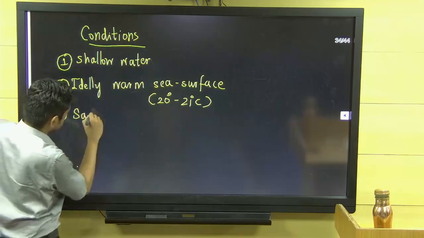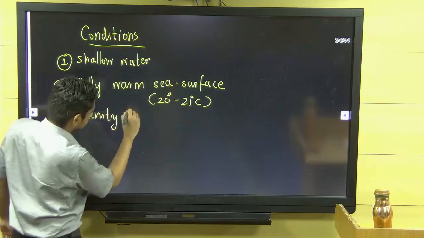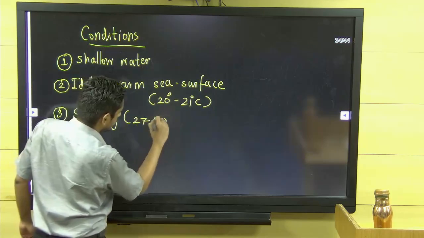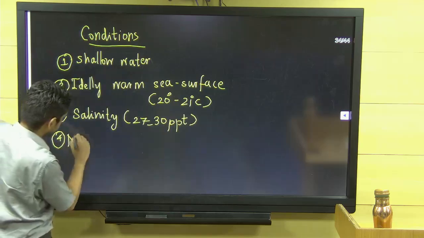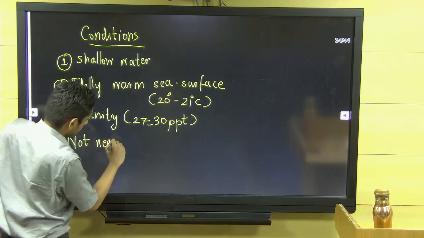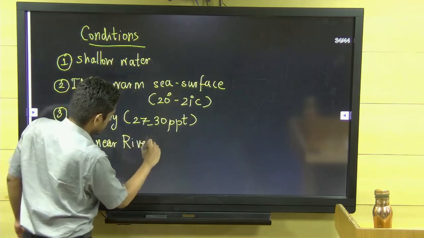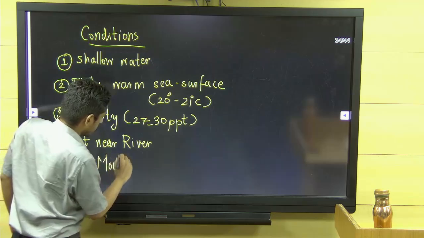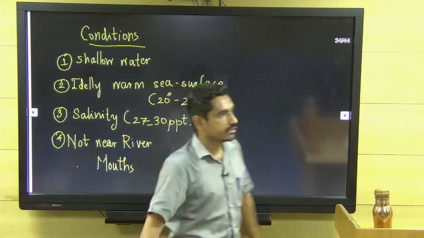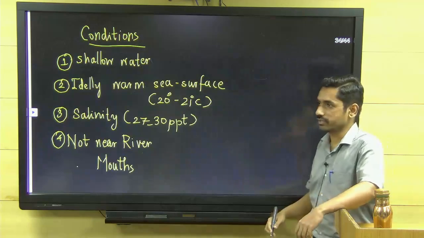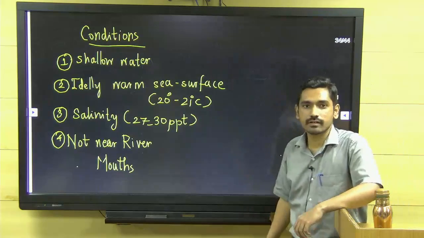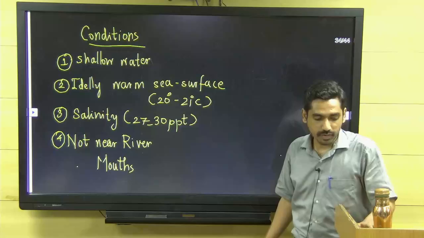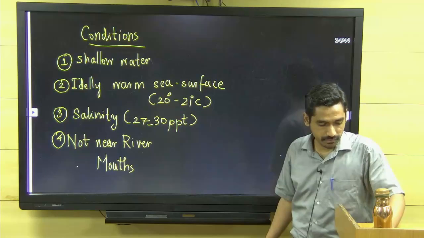Salinity range of 27 to 30 parts per thousand, not near river mouths. Not near river mouths. Three positive conditions, one negative condition. See, once you know the structure of coral reefs, you can pretty much answer this question.